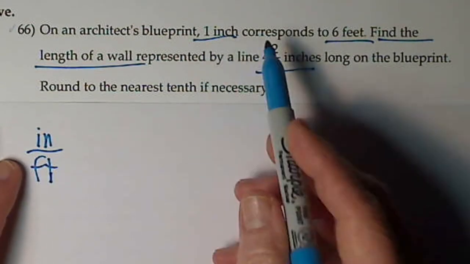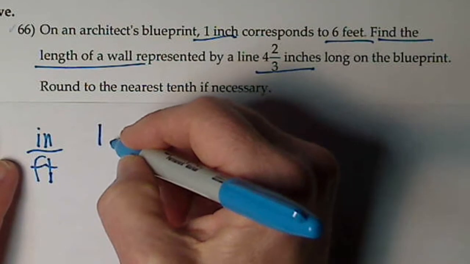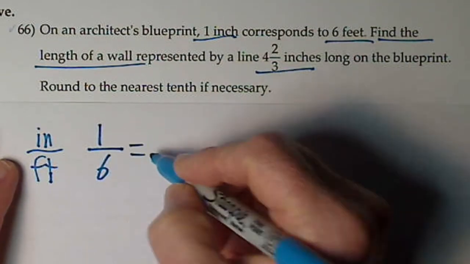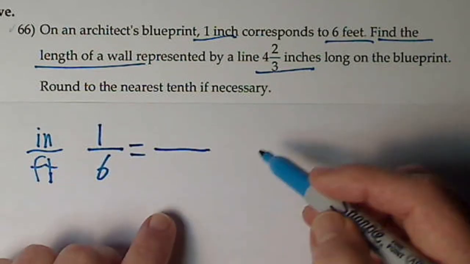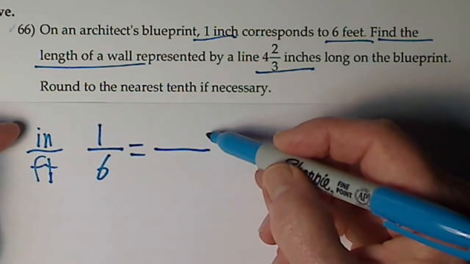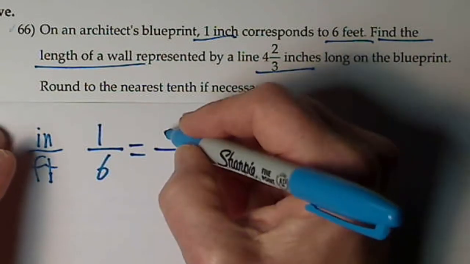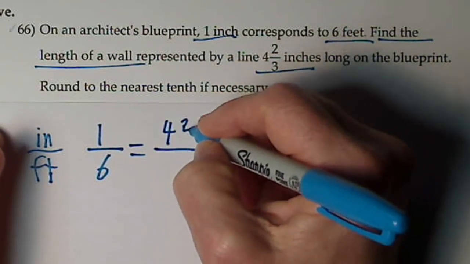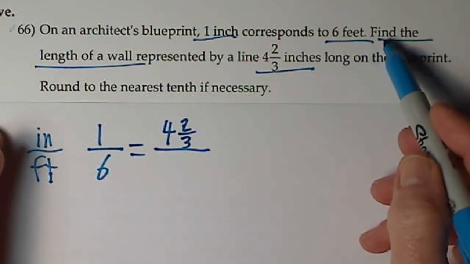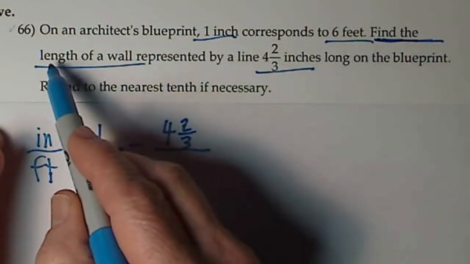Let's see. 1 inch over 6 feet. And on this side, our ratio, they give me 4 2/3 inches. Inches are on top. So I'll write 4 2/3, and then find the length of the wall.